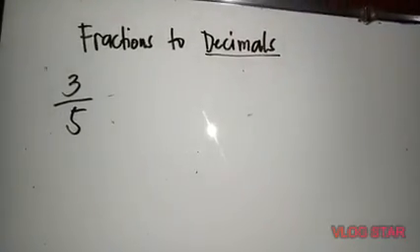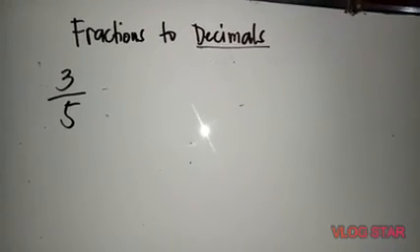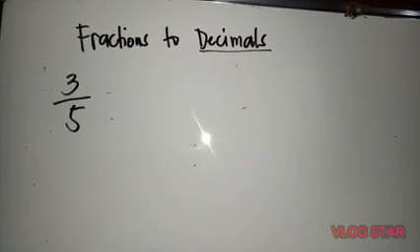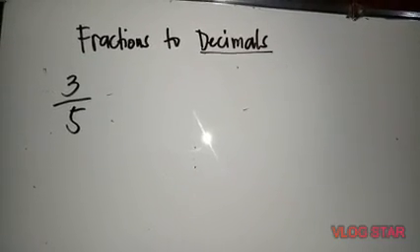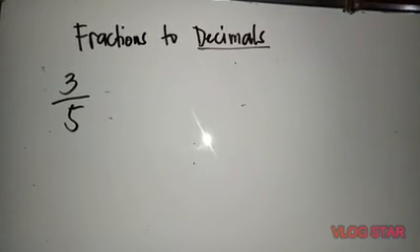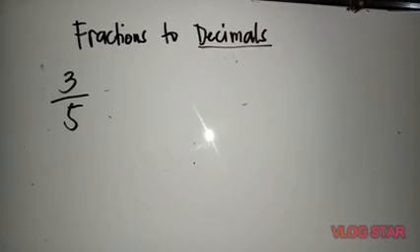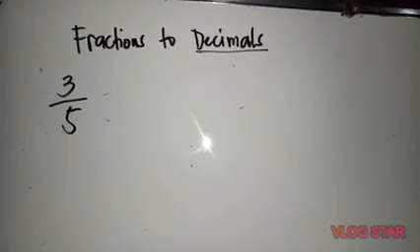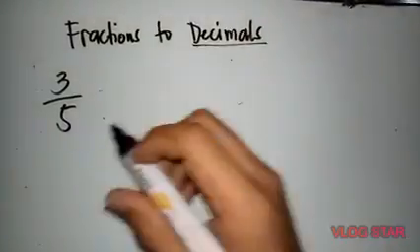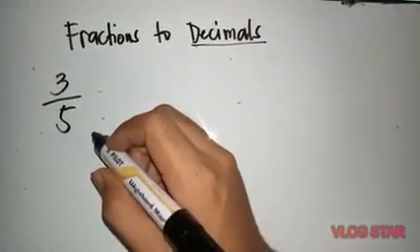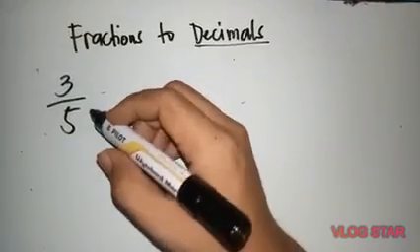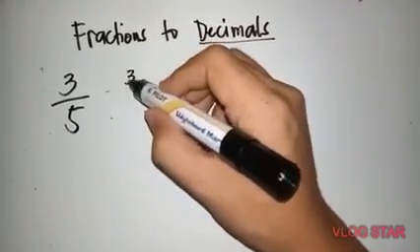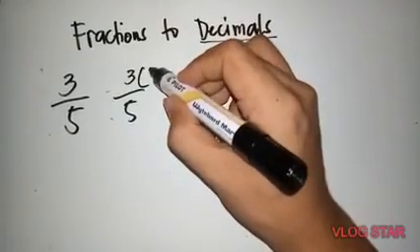Another example, 3/5, we will convert into decimals. The first thing that we need to do is to get the equivalent fraction whose denominator is a power of 10. It means that the denominator can be 10, 100, 1000, 10,000, and so on. So for 3/5, to get the equivalent with a denominator that is a power of 10, just multiply numerator and denominator by 2.